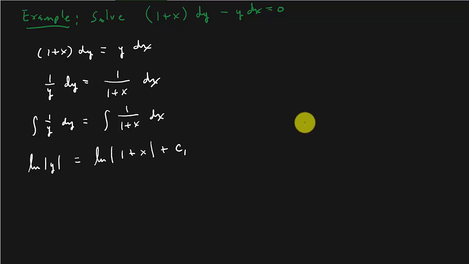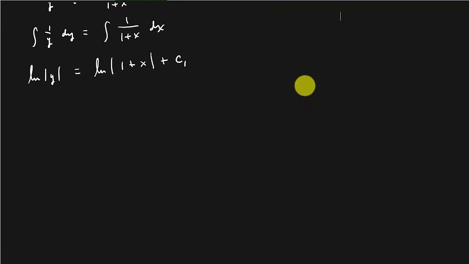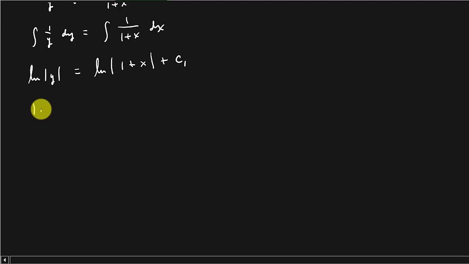All right, so now let's go about maybe rewriting this thing. So this would be the absolute value of y is equal to e to the natural log 1 plus x plus c1. All I did is raise both sides to the e power.